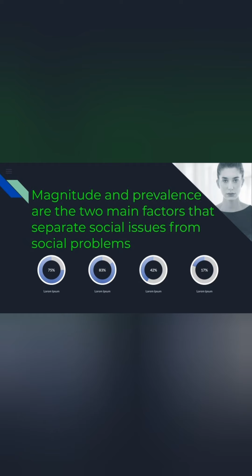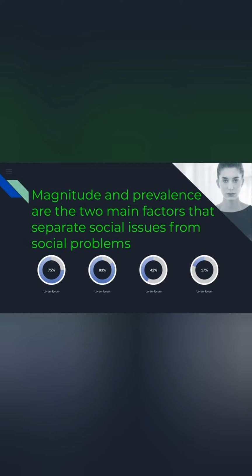So social issues are minor in terms of how big they are, how widespread the problem is, how many persons are affected, how common the problem is, or how often it happens. If they don't happen often enough, or are not widespread, if the problem is not a big problem and many persons are not affected by it, then it is considered to be a social issue.